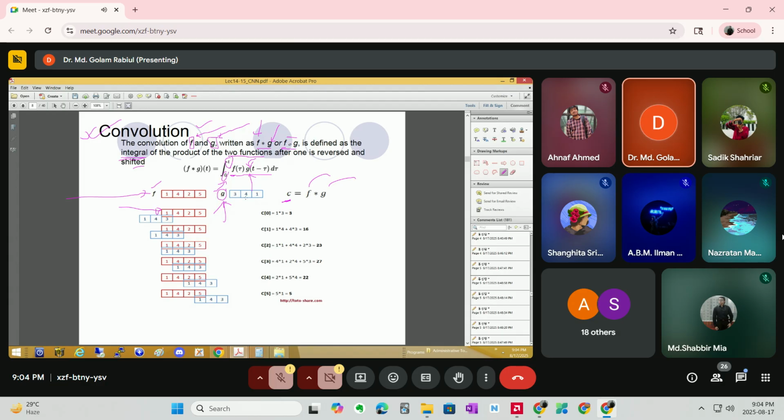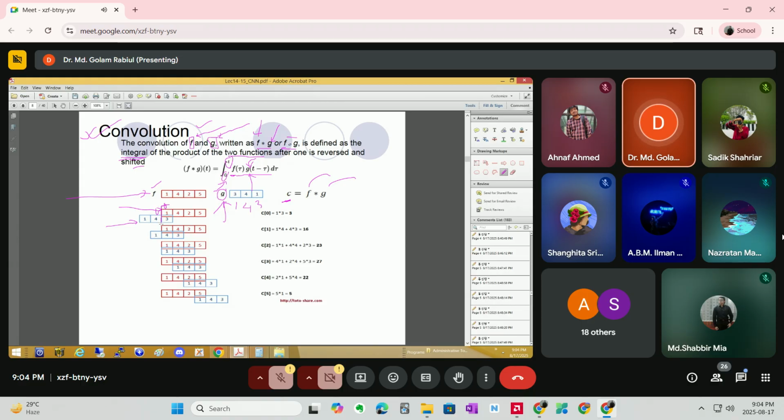Sorry, g is reversed. It means 3, 4, 1 instead will be 1, then 4, and then 3. So here you can see this is our 1, 4, and 3. And then it will start from the 0 position.